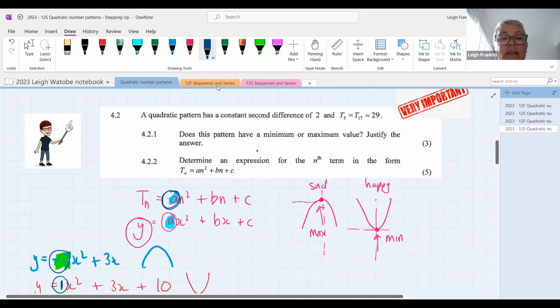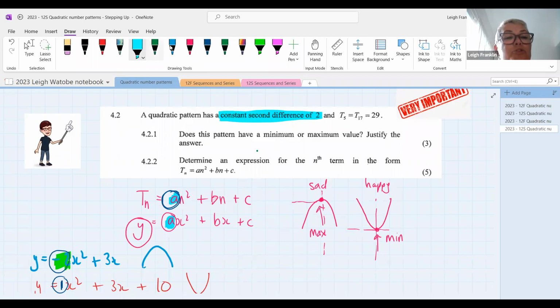So here they tell us that this pattern has a constant difference of 2. That directly relates to A, doesn't it? Because 2A is equal to 2. So this tells us something about the A in this pattern. A is equal to +1.